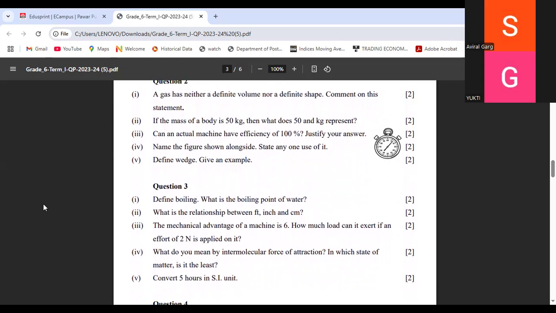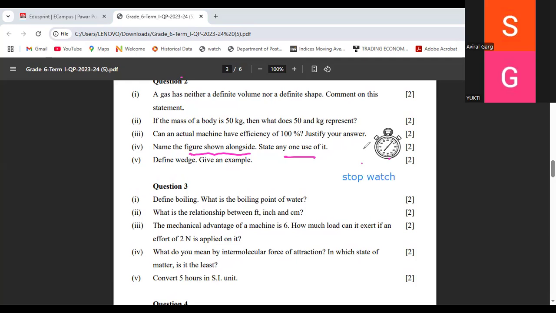Yes. Here is the next question. Name the figure alongside and state one use of it. So kindly write the name of the device here quickly. The answer is, correct, it is a stopwatch.